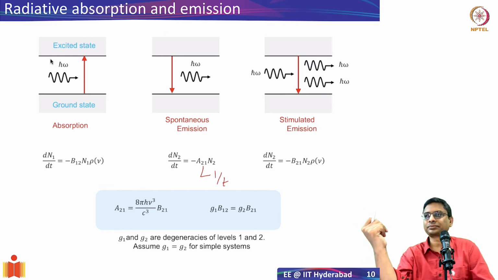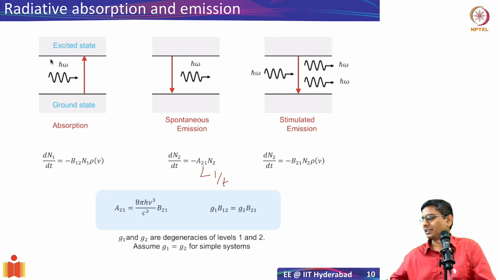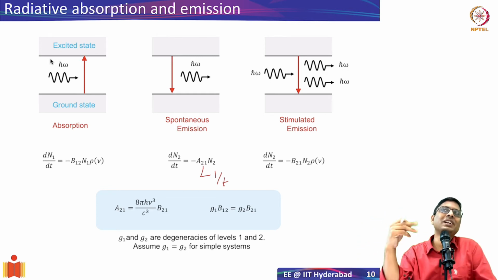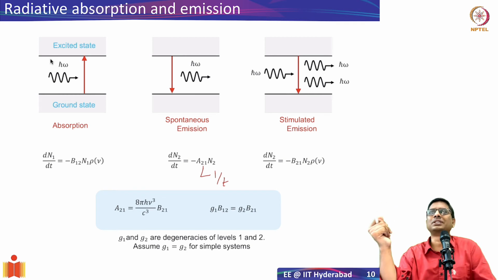The question was, you said that the two photons in stimulated emission have the same phase and wavelength. Why is that happening? One way of thinking about it is this. We saw that any time a photon is incident on a material, it excites an oscillator.